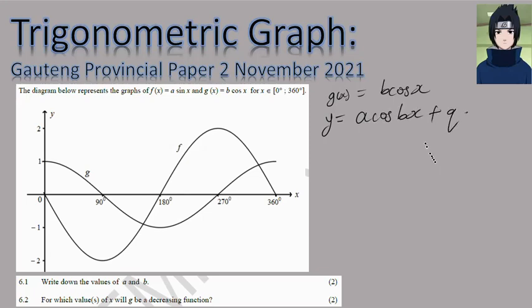It means if I don't have a q here, my q is 0 because the equation they gave me doesn't have a q. And in front of x there is nothing, which means the coefficient of x is 1, which means our b in this situation is 1. And then our a value is unknown.